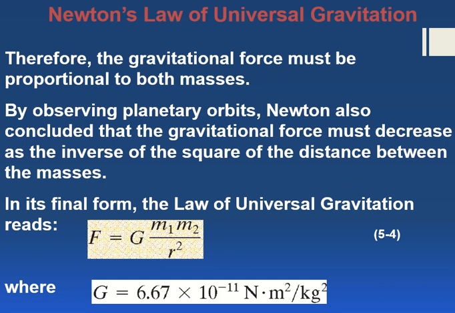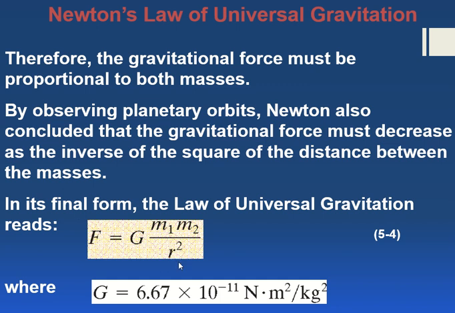So what he determined was that the gravitational force must be proportional to both masses. So our equation that we had before isn't as precise as it could be, okay? We need to include both masses in this equation. And he observed that the gravitational force must decrease as the inverse of the square of the distance between the masses.